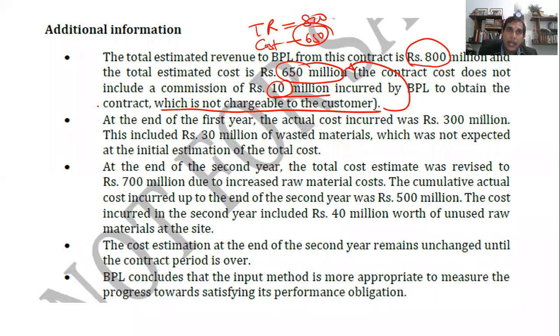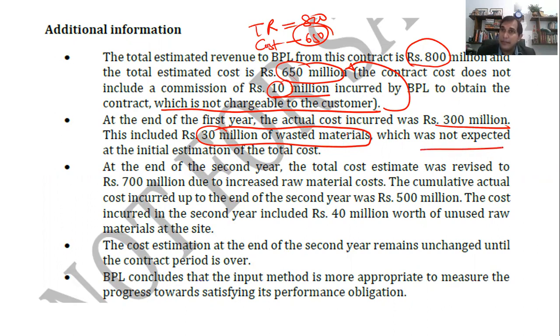Second bullet point under additional information: at the end of the first year, the actual cost incurred was 300 million. This includes 30 million of wasted materials. Wasted, that is beyond the expectation. There is 30 million of wasted material which was not expected.